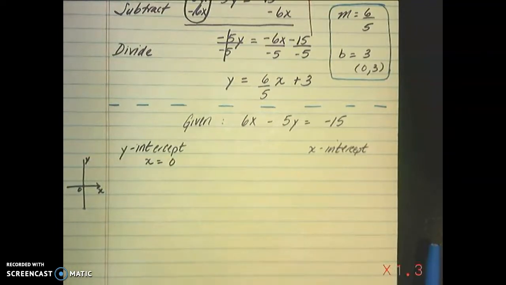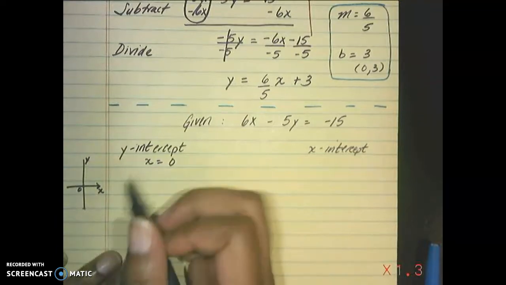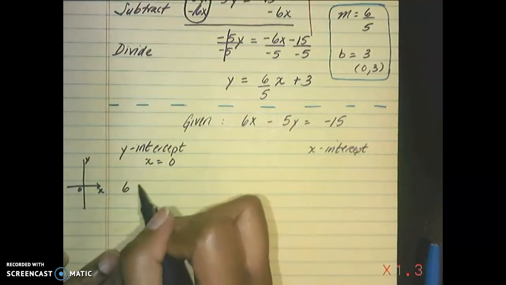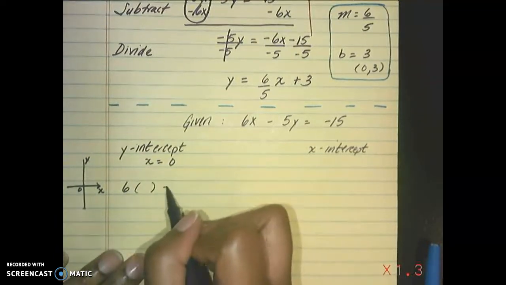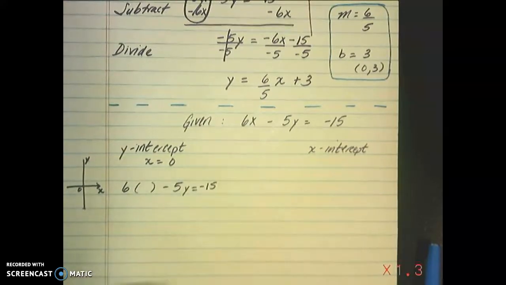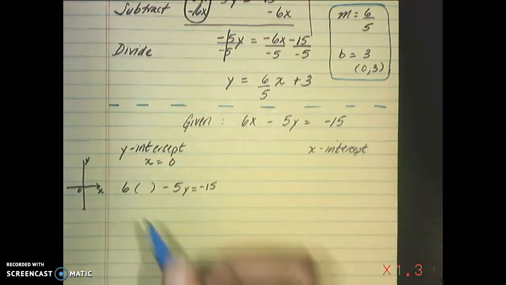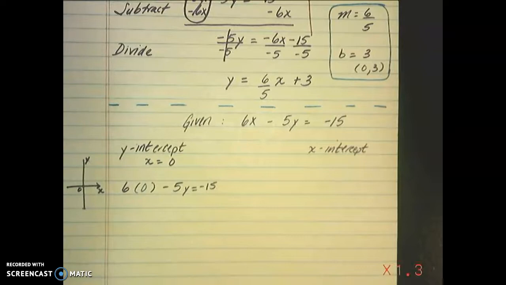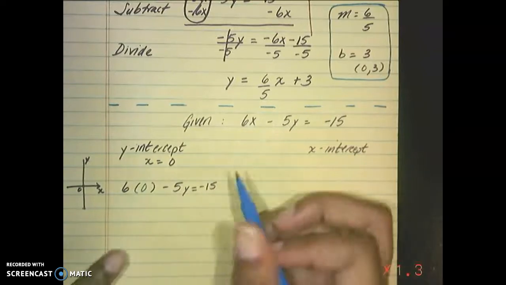Let's focus on that. I'm going to have 6 times x minus 5y equals negative 15. What am I going to put in the place of x? It's a 0. All I did here was substitute.